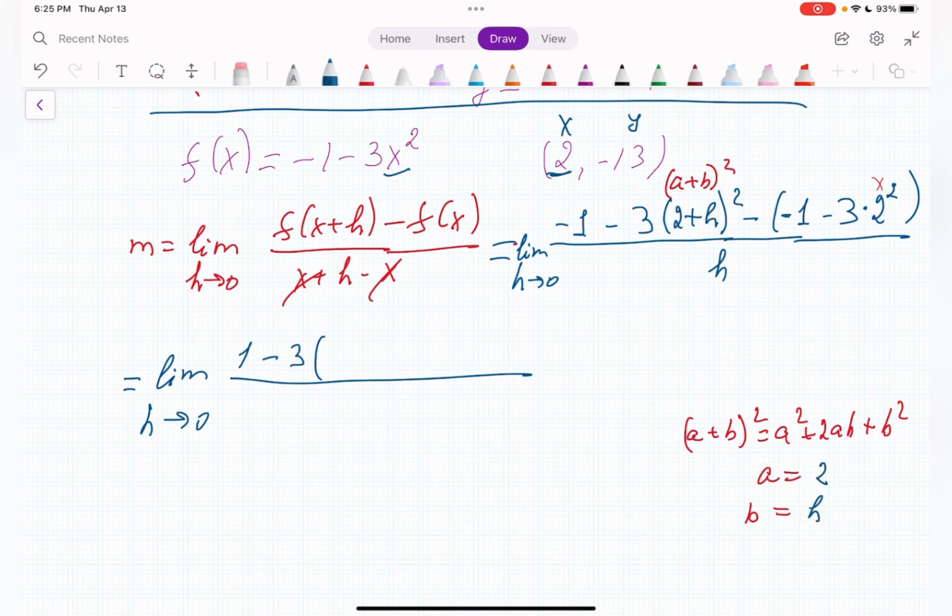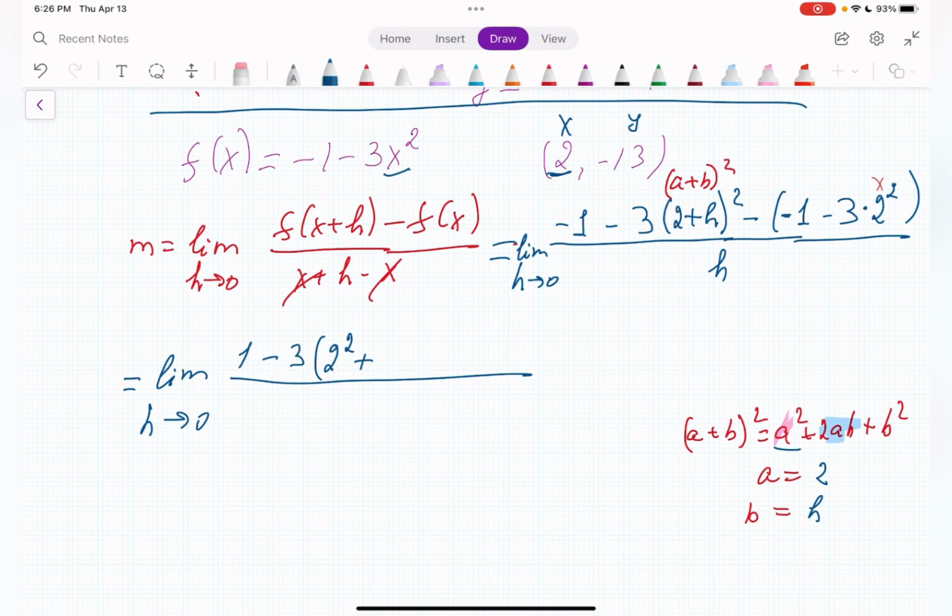So it's going to be A squared. Here I'm going to get 2 squared, and then plus 2AH.